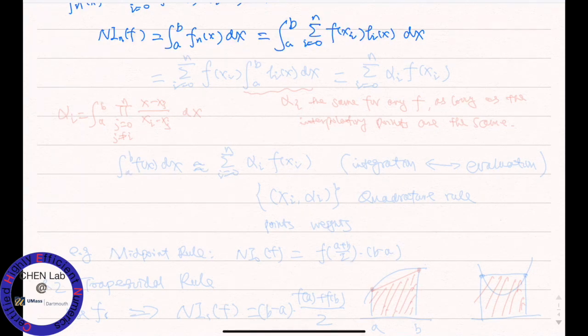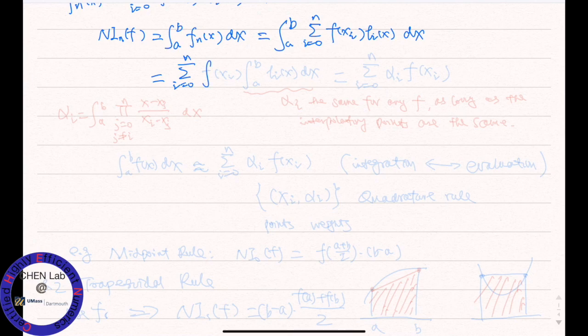So, a little bit of algebra. We have a summation and we have integration. It's a finite sum, so we can switch the order. The integral of a sum is equal to the sum of the integrals. It's basic calculus. So this is the summation, i from 0 to n, of f of xi.